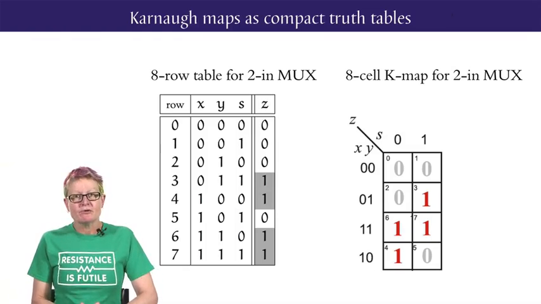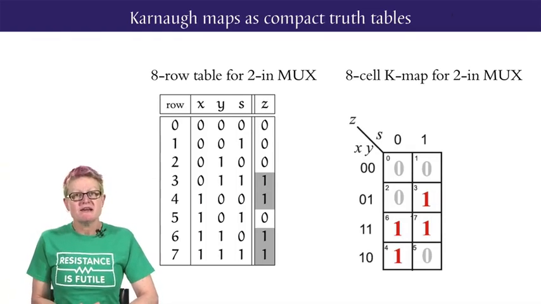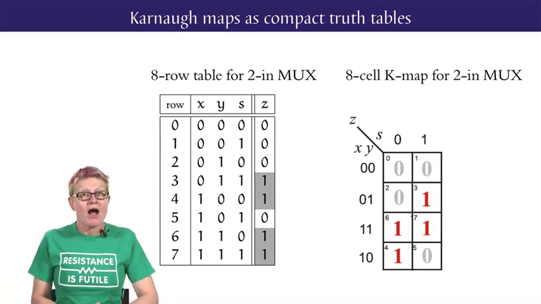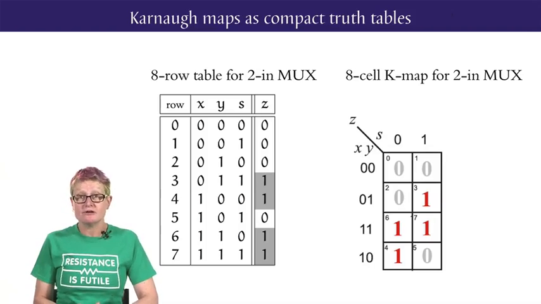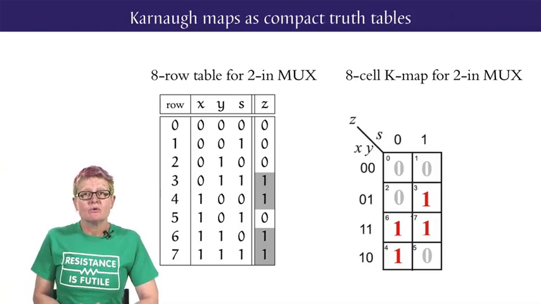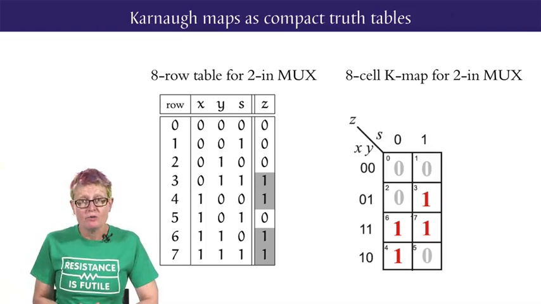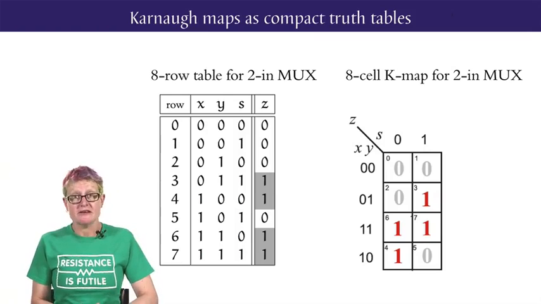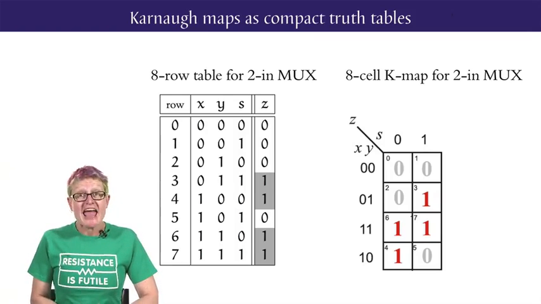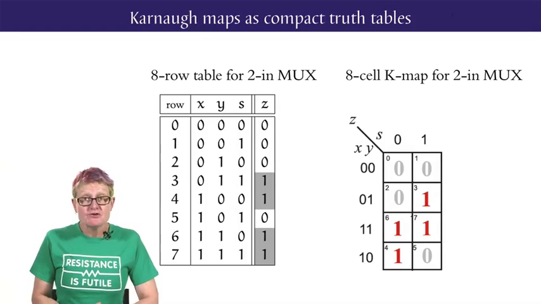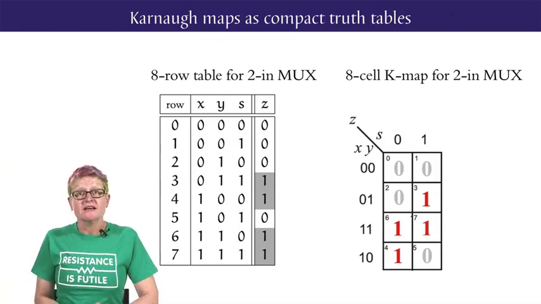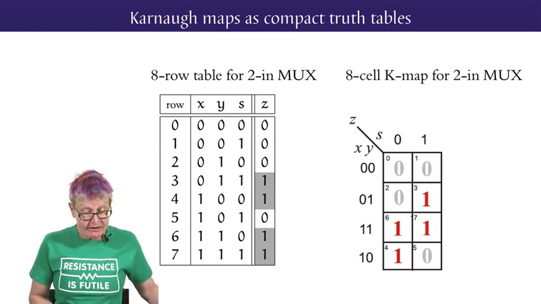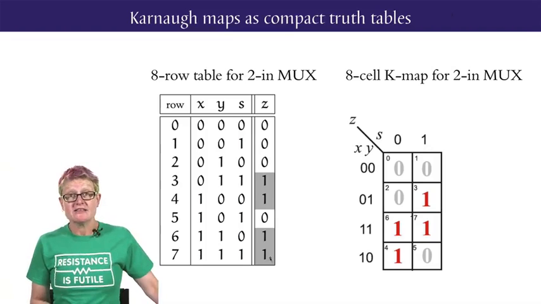As in a truth table, the cells are labelled according to their input combination. 2-bit codes for inputs X and Y label the 4 rows of the grid, and 1-bit values for input S label the 2 columns of the grid. The bit value entries inside the grid cells are the values for the output Z. In the truth table, output Z is 1 in 4 rows, those numbered 3, 4, 6 and 7, highlighted in grey in the table.